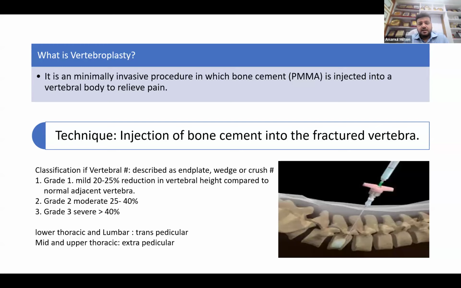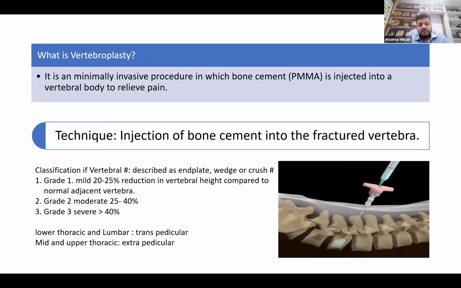So what is the classification of the fracture type? One is grade 1, grade 2, and grade 3. In grade 1, if it loses 20 to 25% of the normal vertebral height, this is known as a grade 1 compression fracture.